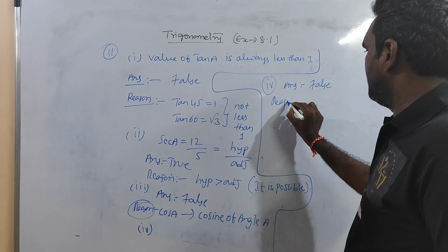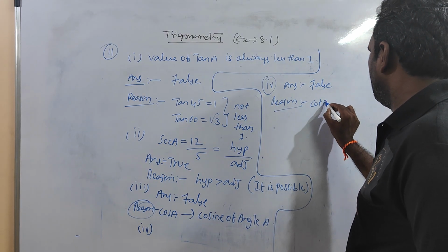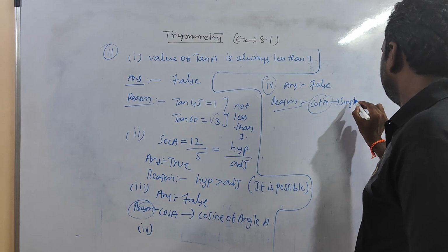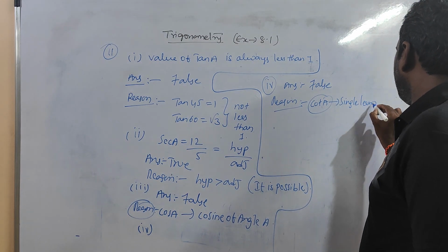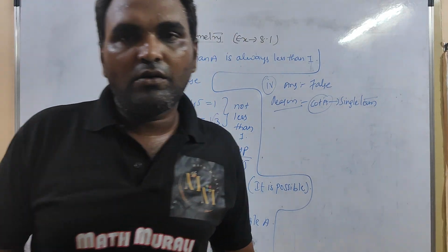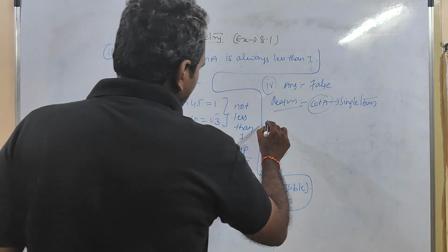Reason, cot A is single term. It is not multiplication of cot and A. Cot A alone is single term. That is regarding fourth one.